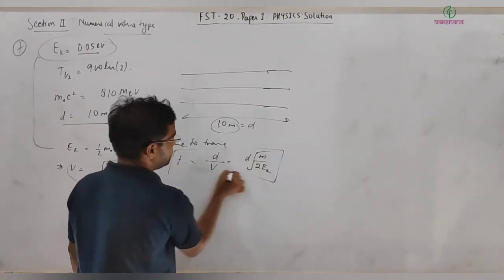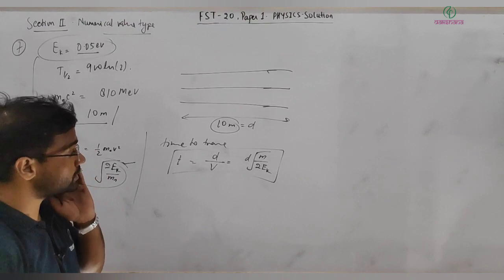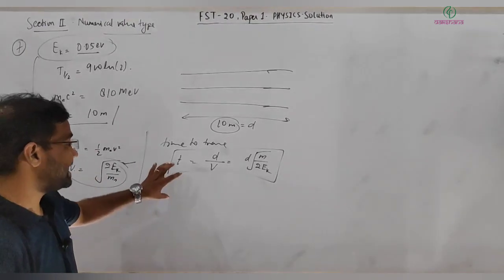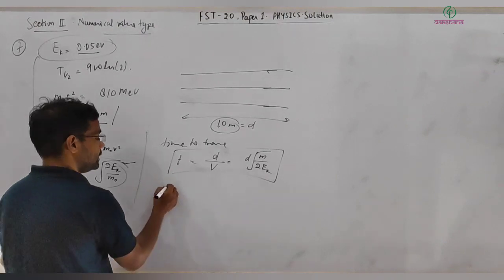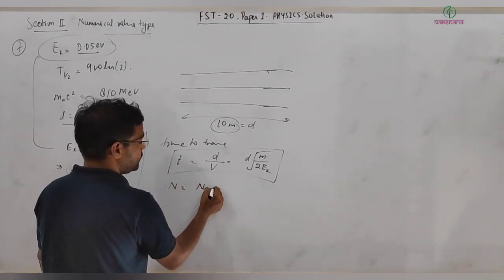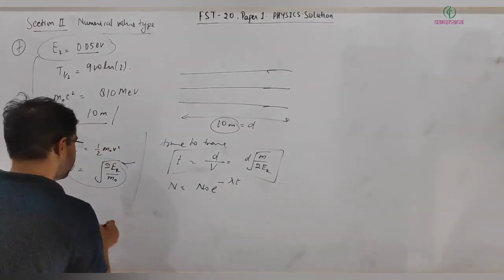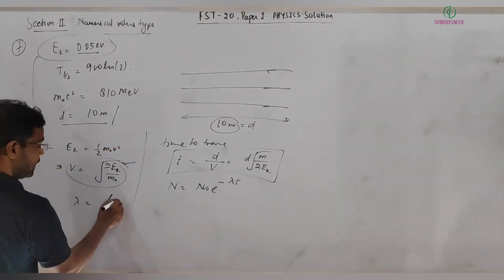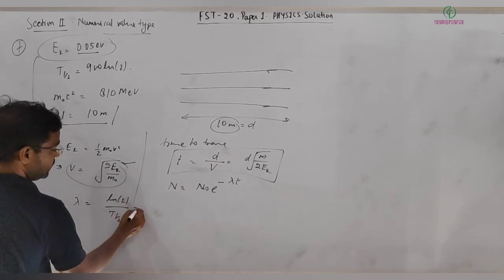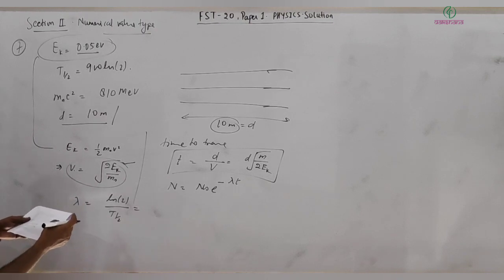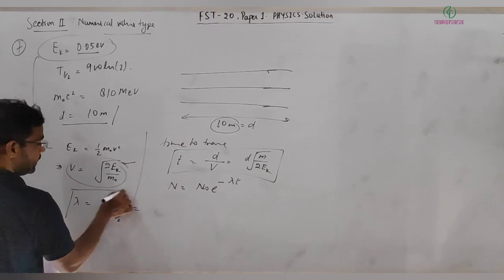This is the time. Now if N is the number of neutrons initially, then the fraction of neutrons decayed in this time can be written as N is equal to N naught e raised to power minus lambda T, right? And what is lambda? Lambda can be written as ln 2 divided by T half, and T half is given, so this is your lambda.